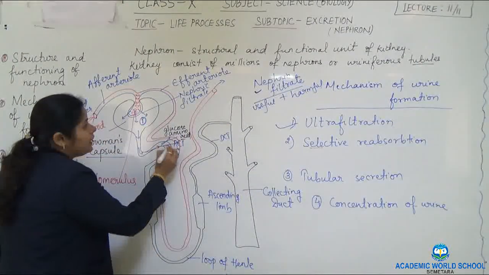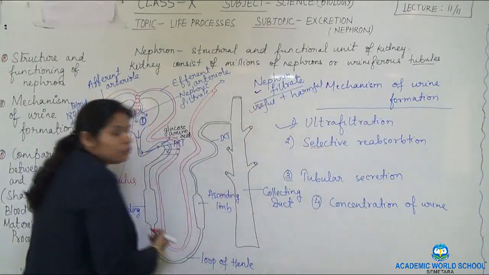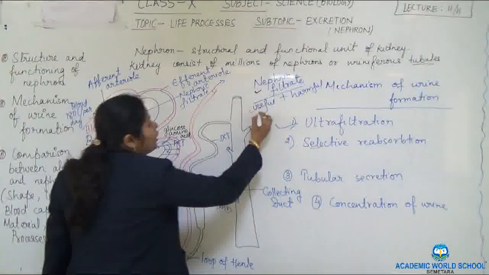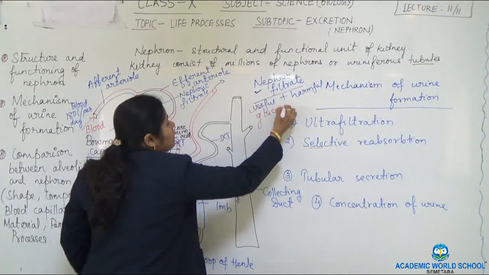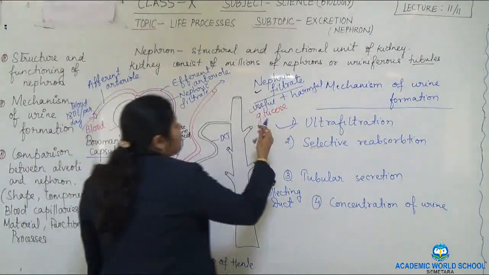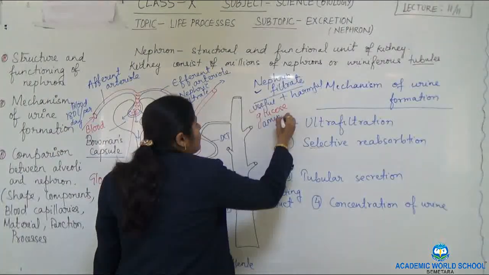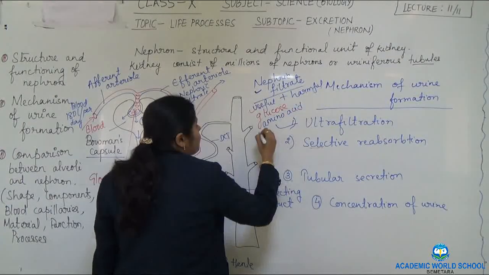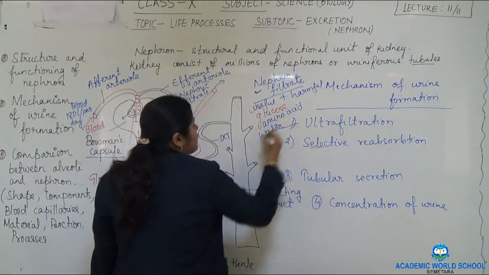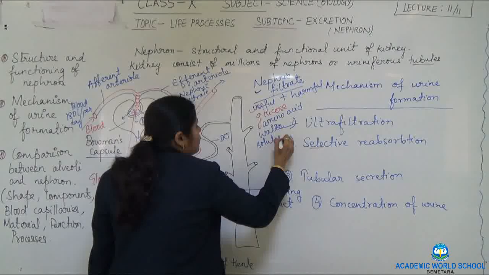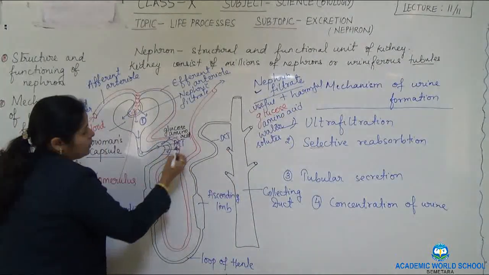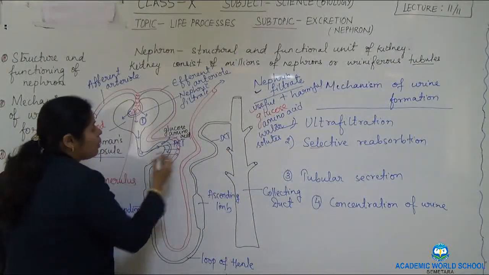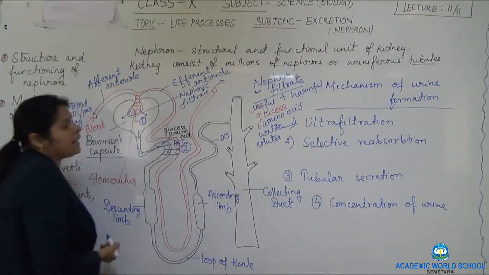So this nephric filtrate, which consists of this useful material, glucose, amino acid, water, solutes, will be absorbed here. So here the second step occurs, which we call selective reabsorption.